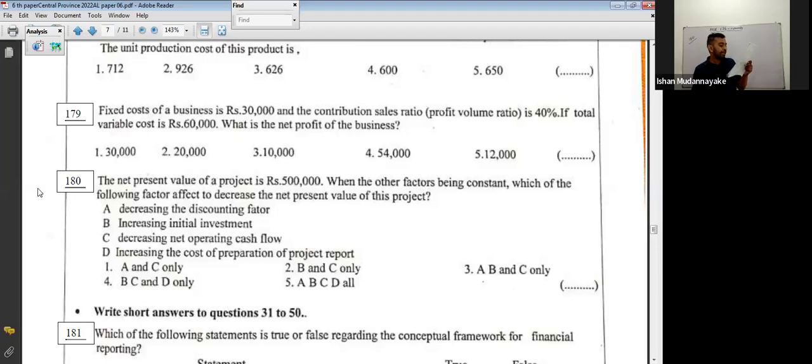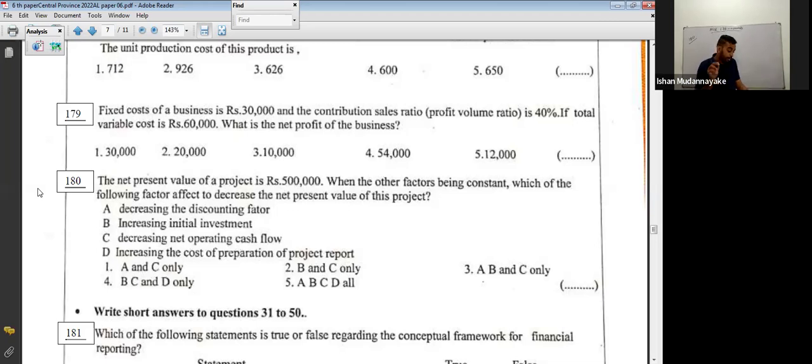C, decreasing net operating cash flows. I think there's some printing mistake here also.